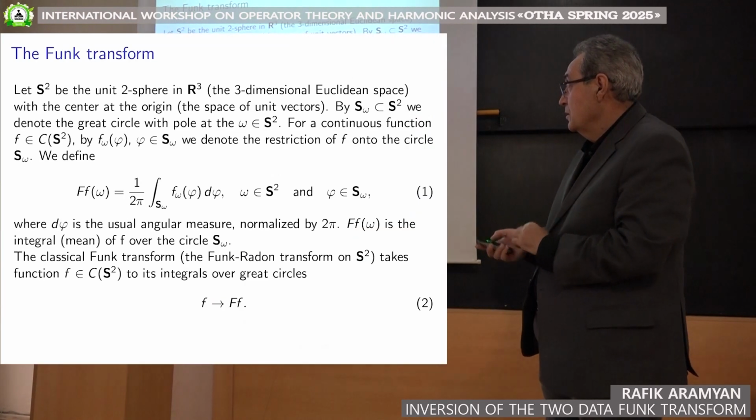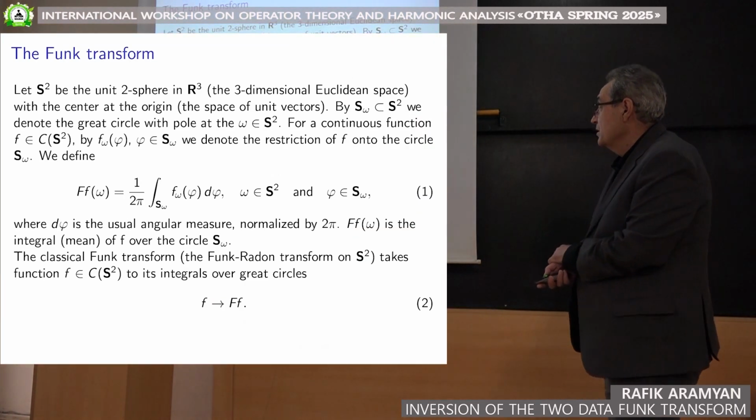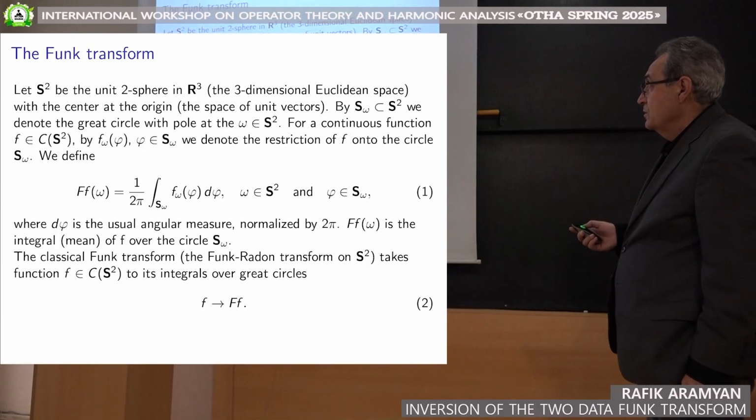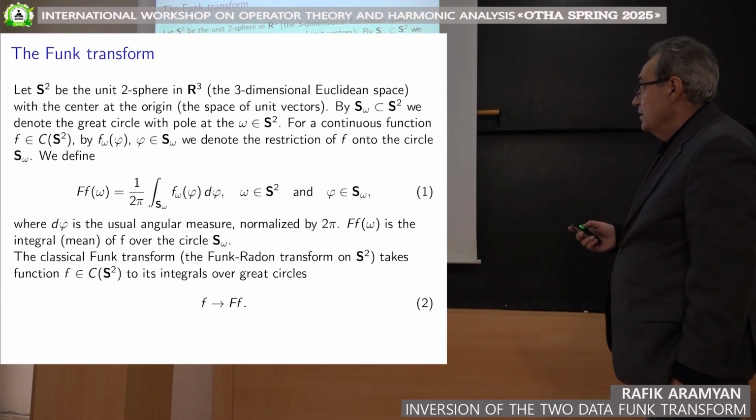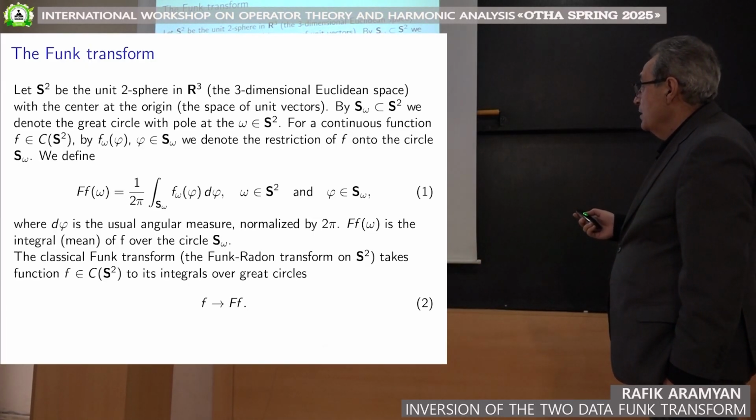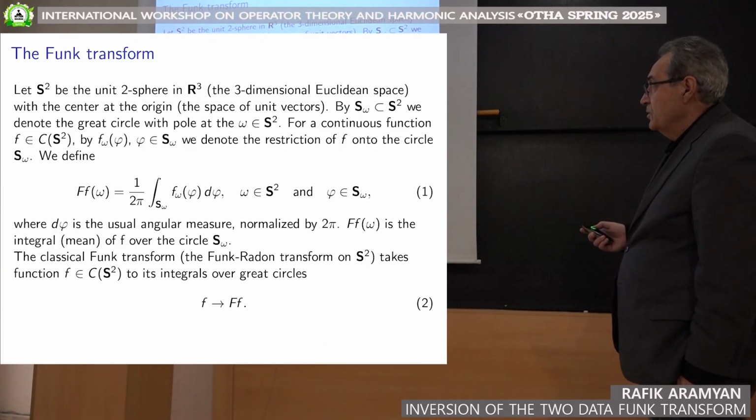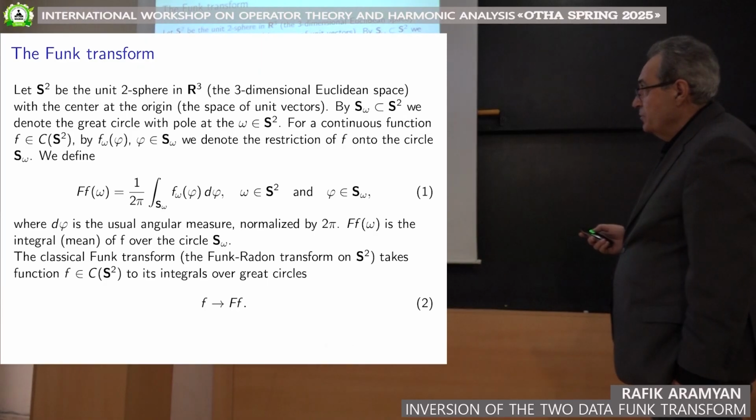So let me remind you of the Funk transform and the notation. A function defined on the unit sphere, which we denote by S squared. By S omega, we denote the great circle with pole at omega. By f omega, we denote the restriction of the function to the circle S omega.